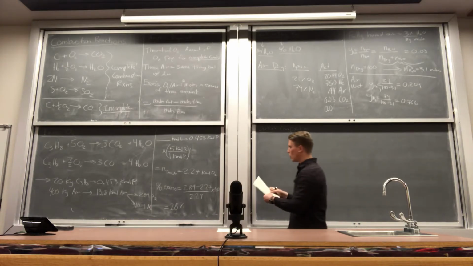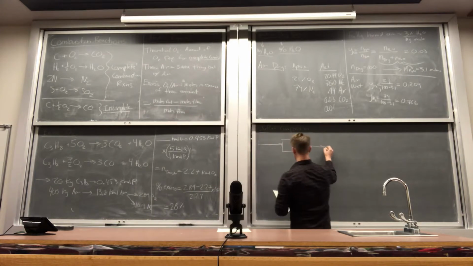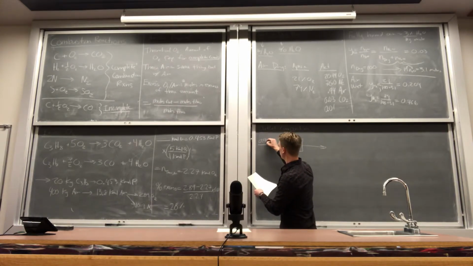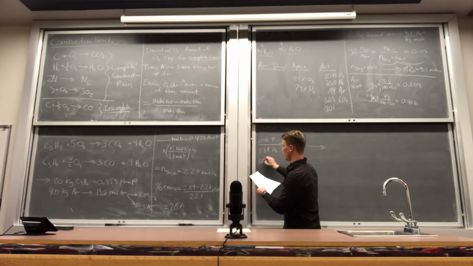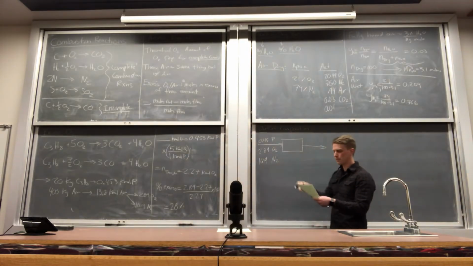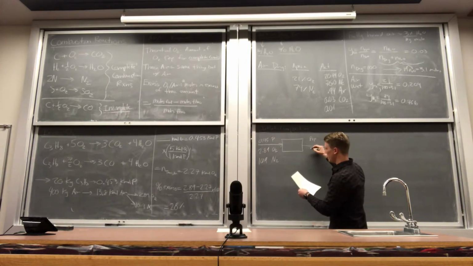Okay, so if we were to draw this process, we have 0.45, I'm just going to truncate it a little bit, propane, 2.89 oxygen, and 10.9 N2. And these are all kilomoles. Coming out, we have an unknown amount of propane, an unknown amount of water, and an unknown amount of oxygen.